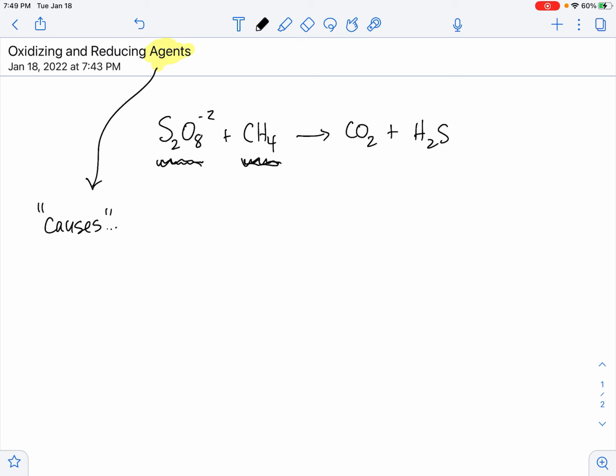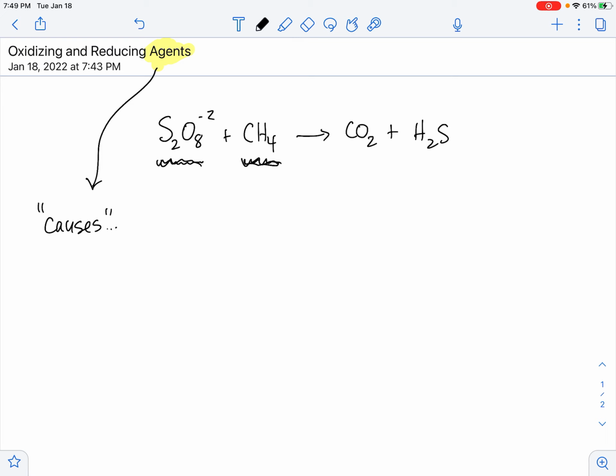In order to establish which one oxidizes and which one reduces, you have to come up with oxidation numbers. Just like we started with in this unit, you compare the oxidation number of an atom before the reaction to the oxidation number of that same atom after the reaction. Once you've established which one's the oxidizing agent or the reducing agent, the other one is obviously going to be the other.